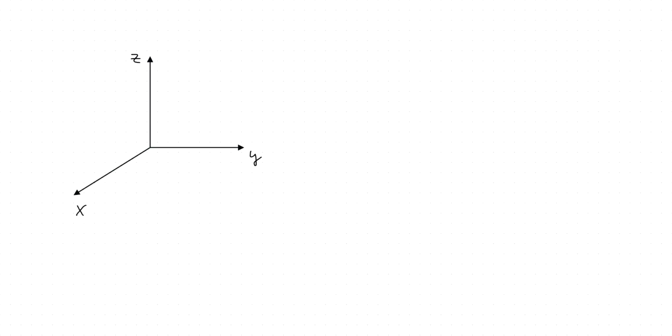And the initial point is O. Here we can define the place of material point M by setting its coordinates X, Y, Z. 3 numbers X, Y, Z. They may be real numbers. 3 real numbers X, Y, Z are enough to set the place of a material point in 3-dimensional space.